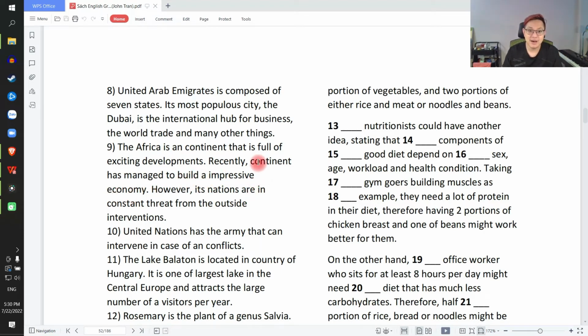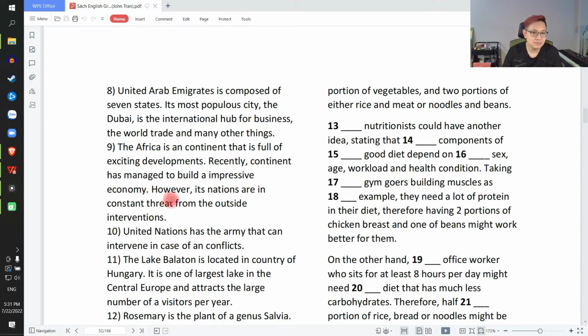Gần đây cái lục địa đó đã có thể xây dựng nên một cái nền kinh tế ấn tượng. So impressive starts with an I, which is a vowel. So an impressive economy. Chỗ này là impressive bắt đầu chữ i ngắn, là một cái nguyên âm, cho nên là an impressive economy.